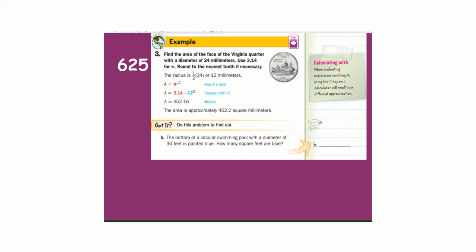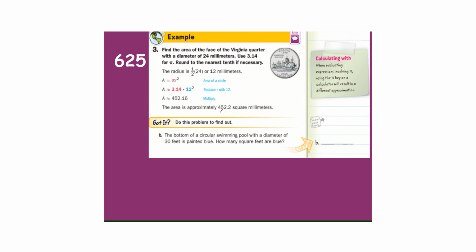So take your 3.14 times 12 squared is 144, not 24. 12 squared is 12 times 12. Then you get approximately 452.16, round to the nearest tenth, 452.2 square millimeters. Look at the label. Okay? I'll underline here. Square millimeters.